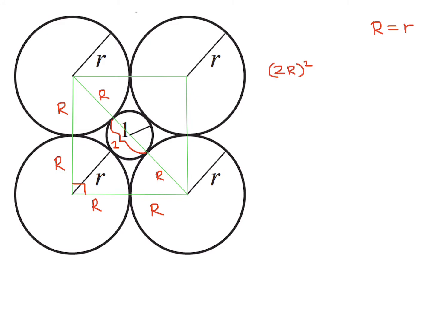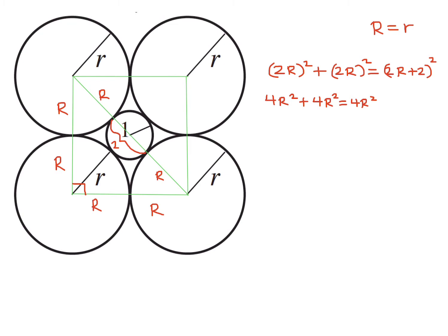2r all squared plus 2r all squared is equal to 2r plus 2 all squared. And this will allow me to solve for r. So this is 4r squared plus 4r squared is equal to 4r squared plus, let's see here, 8r.